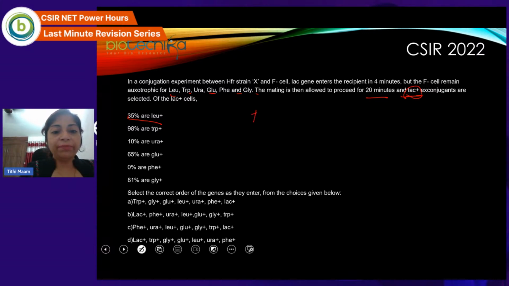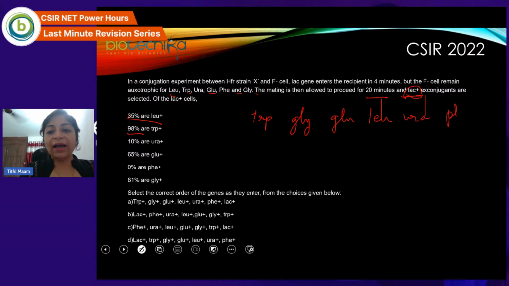So trp at 98, then next will be gly at 81, then glu at 65, then leu at 35, then ura at 10, and at last will be pro at 0%. So first for sure is lac, because that is what we are selecting. So this is the order we have got.